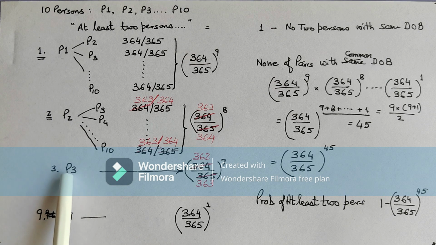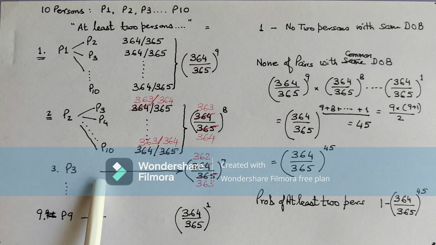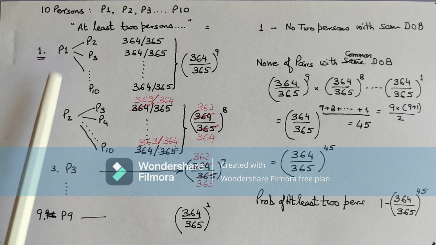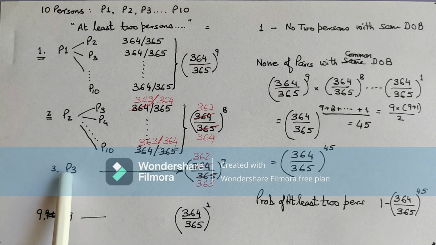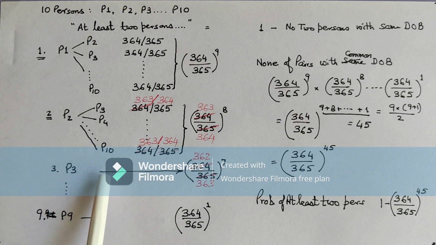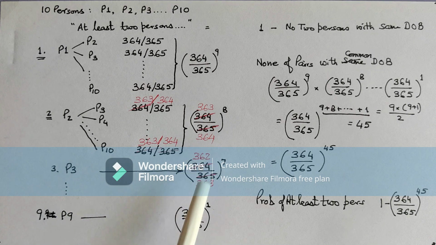So all these guys from P3 to P10, their dates of birth exclude these 2 days. So they have got 363 possible options, each of them. P3 takes one of them, and then for the remaining 7 persons not to match with P3, they have got only 362 options. So 362 options out of the 363 options available for each of these pairs is a situation where the date of birth does not match.